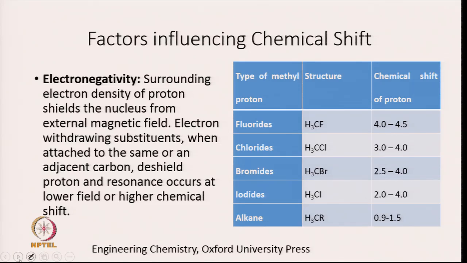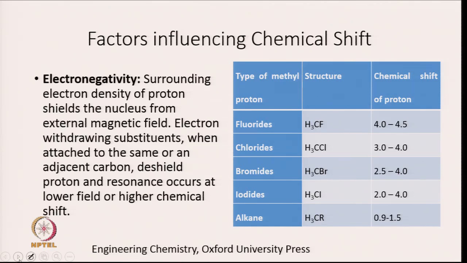An electron withdrawing substituent attached to the same or an adjacent carbon de-shields the proton, and resonance occurs at lower field or higher chemical shift. So, this is one thing you need to remember: an electron withdrawing substituent de-shields the proton and resonance occurs at lower field or higher chemical shift value.